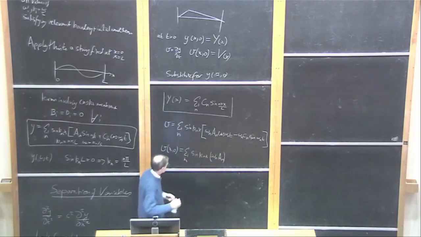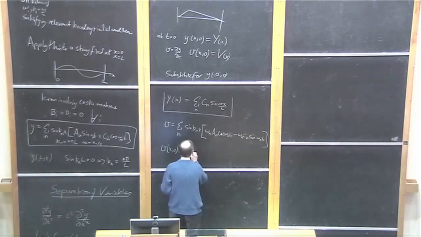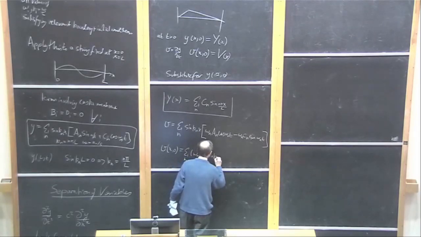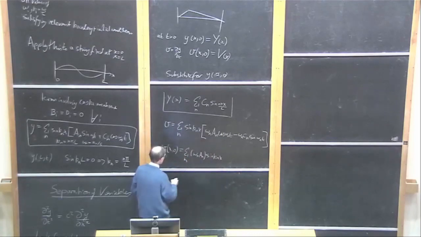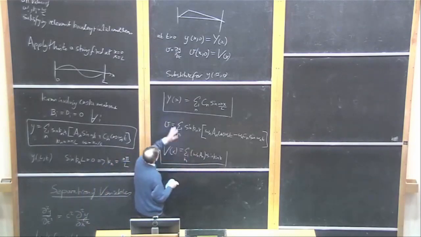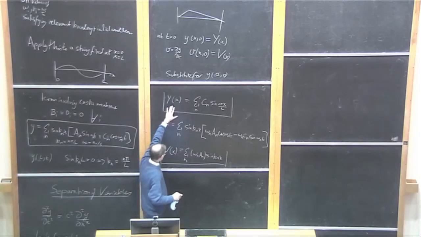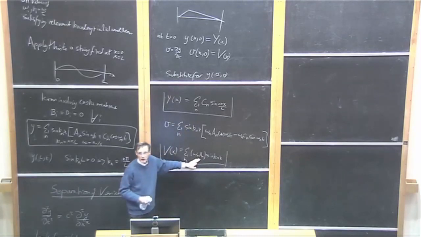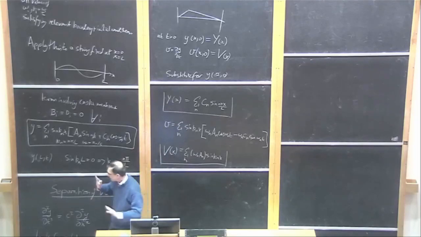So let's write that in the same form as the other one: omega n a n sine k n x. And v of x, 0 is equal to this given function v of x. So that's an equation of essentially the same form, the same problem as this, except that the function y has become the function v, and the constant c n has become the constant omega n a n. But if you know how to solve this problem, then you know how to solve that problem as well. So as I say, I'll leave that hanging until next week.